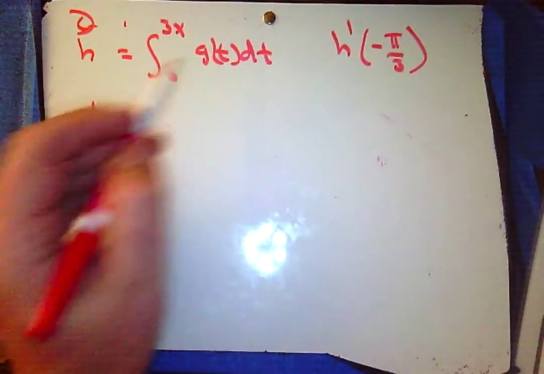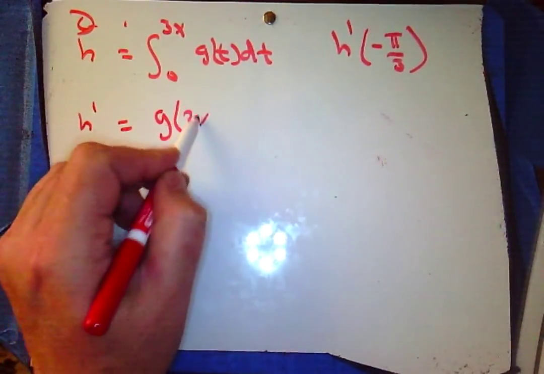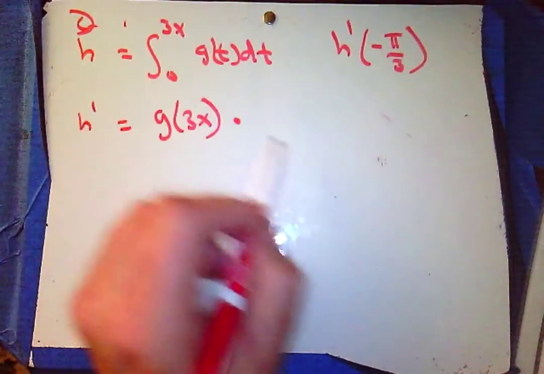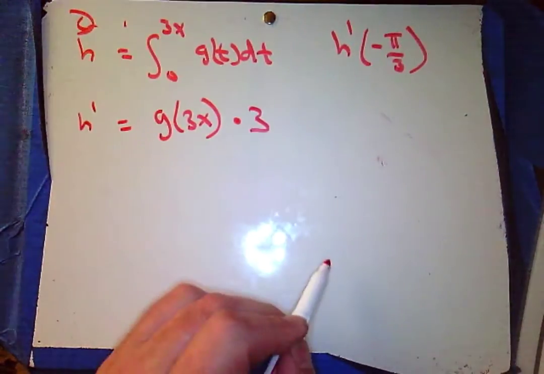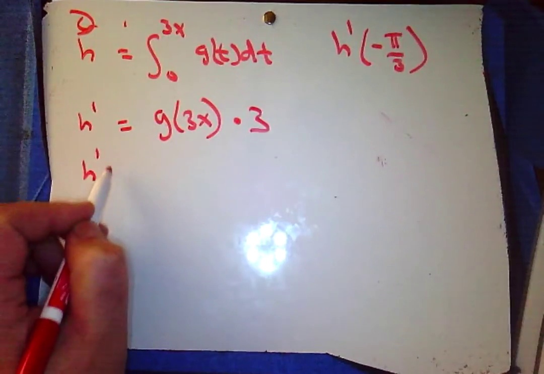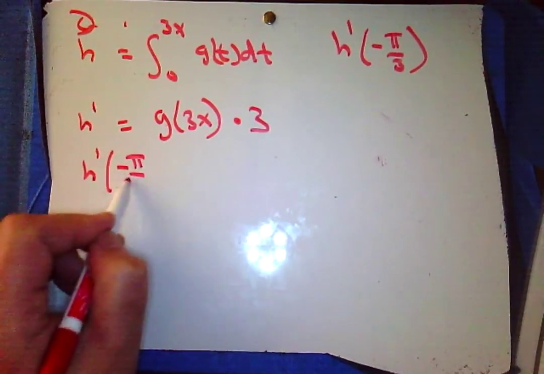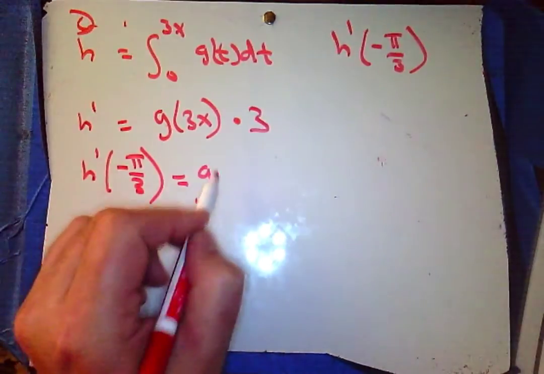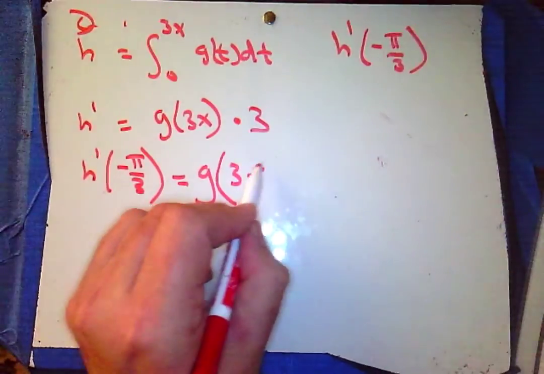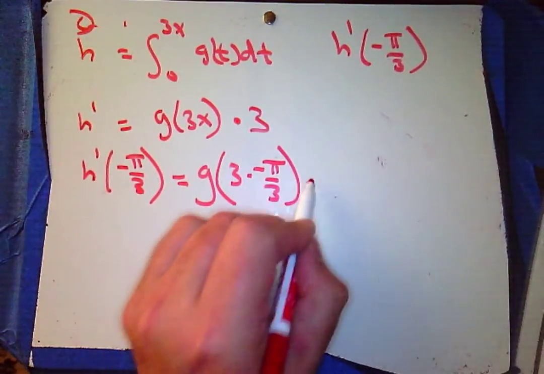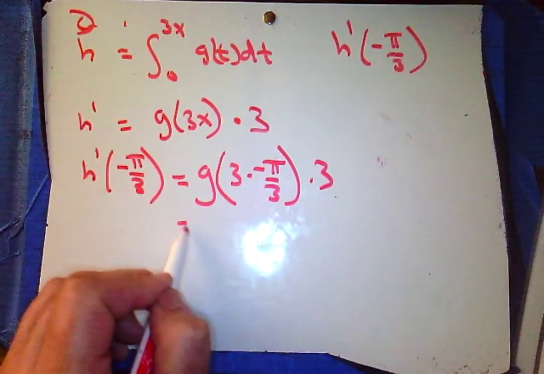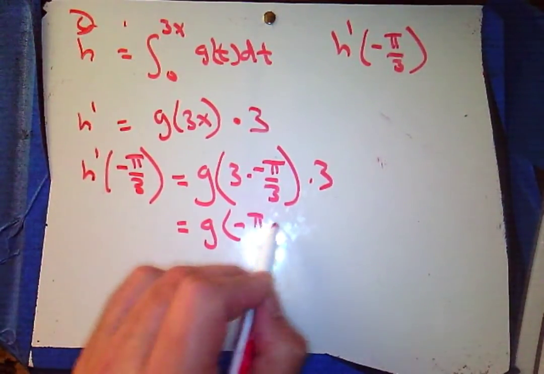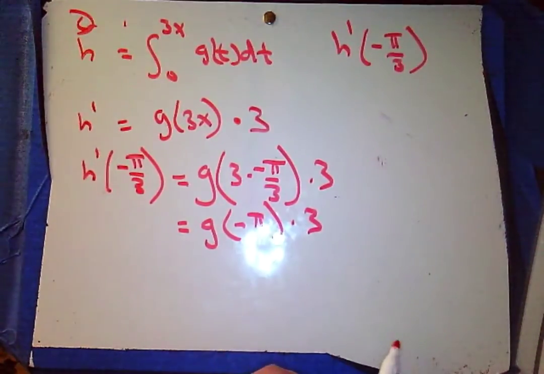So this comes down in here, and I get g of 3x times the derivative of 3x, which is 3. And I want to know h prime of negative pi over 3. And so that's going to be g of 3 times negative pi over 3, times 3. This is g of negative pi times 3.